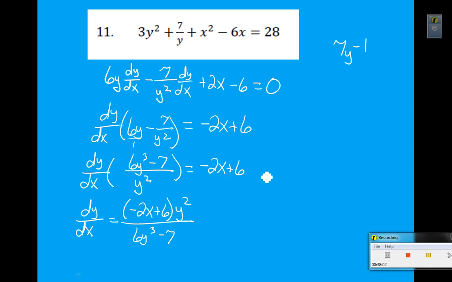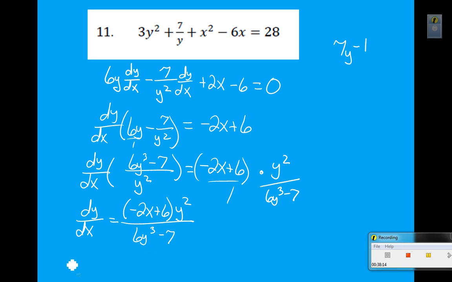So I multiplied by that reciprocal, and then I multiplied straight across if I could. And then there's no points to evaluate it at, so that's going to be that.